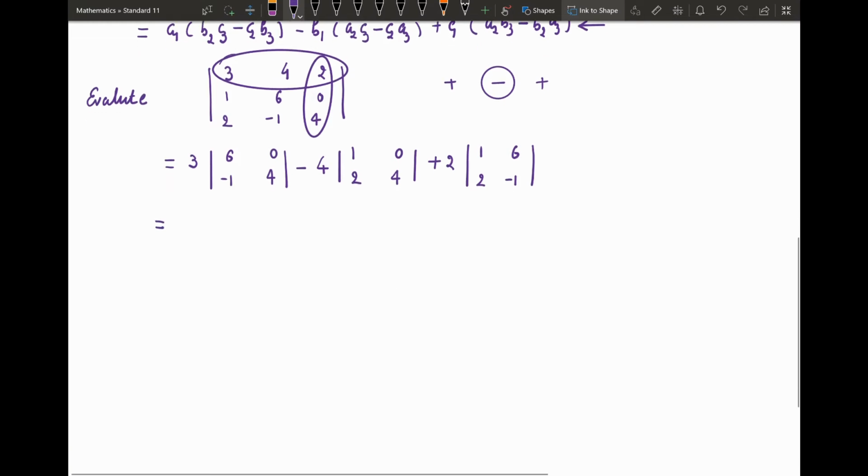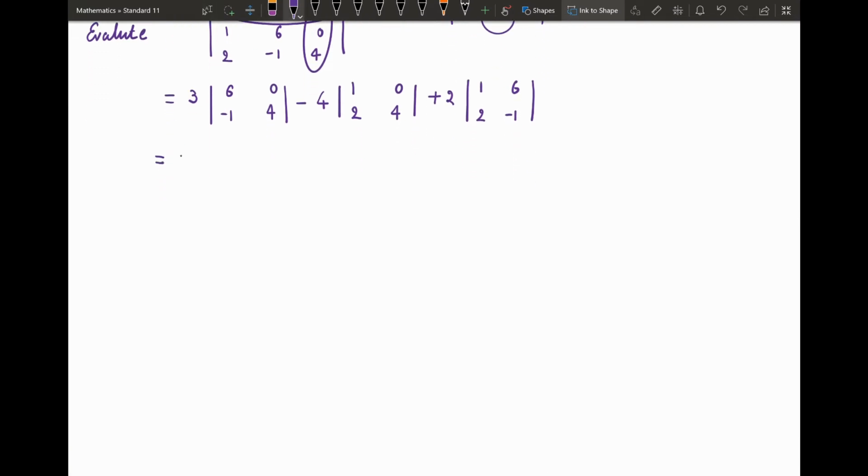So now we are able to evaluate this. 3 into 6 into 4, 24, minus 0, 1 minus 1 into 0, that is 0, minus 4 into 1 into 4, minus 2 into 0, as we have discussed in the expansion of a 2 by 2 determinant, plus 2 into 1 into minus 1, that is minus 1, minus 6 into 2, 12.